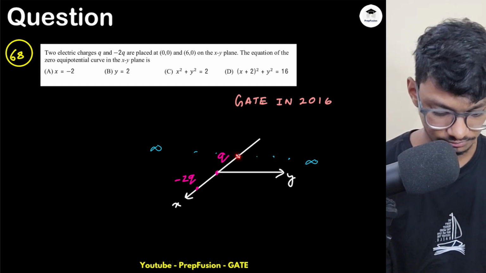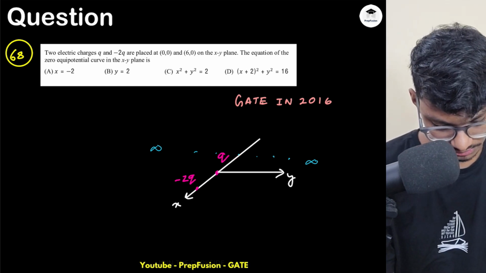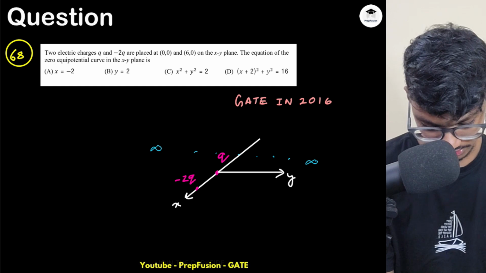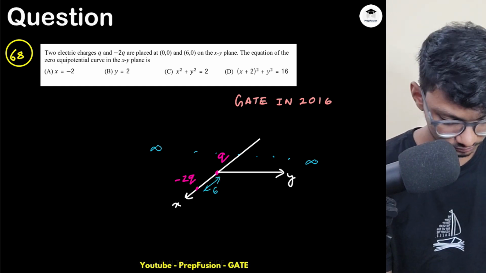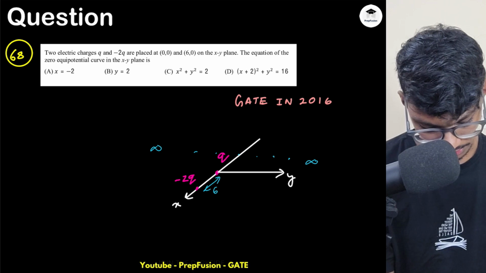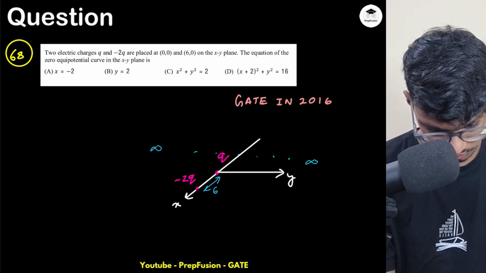Is the potential 0 here? We'll check. What is the distance between the charges? The distance between them is 6, correct? And this distance is 2.